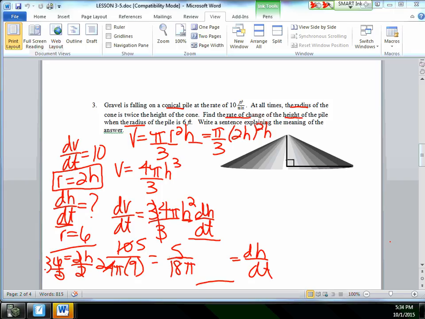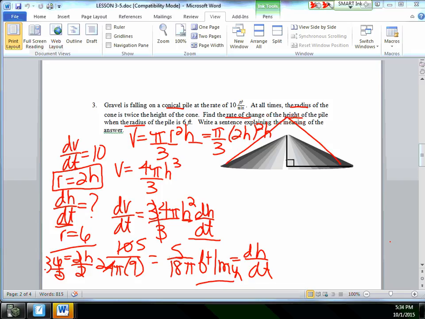We're talking about a height. So as a height, is that going to be single unit, squared, or cubed? Well, it's a height, so it is single, so it is feet per minute. And this should make sense. My pile is growing, so there should be no negative. If I ended up with a negative, then I know I messed up somewhere. So I know this answer makes sense.